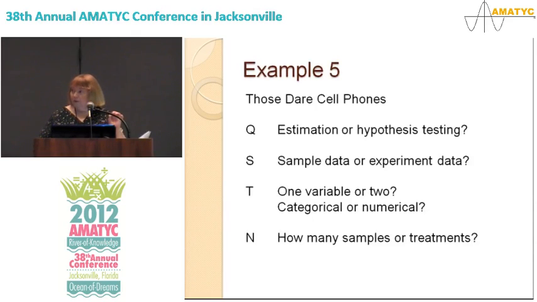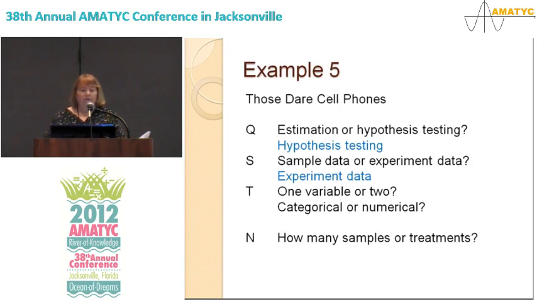Hypothesis testing, because the question that's being asked is really a claim, would involve testing a claim that using a cell phone results in a slower reaction time. Sample data or experiment data? Okay. This is experiment data. Okay. One variable or 2, categorical or numerical?